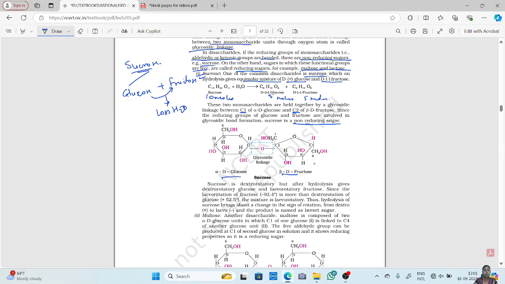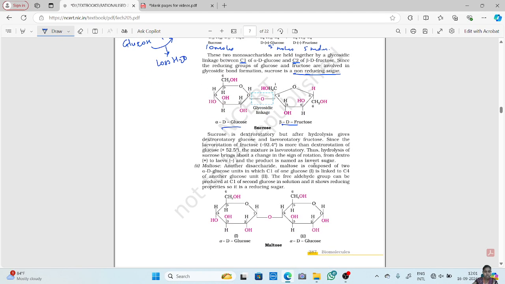Now, sucrose is dextrorotatory, but after hydrolysis it gives dextrorotatory glucose and levorotatory fructose. Sucrose overall is dextrorotatory, but after hydrolysis of the two products, glucose and fructose, glucose is dextrorotatory but fructose is levorotatory.